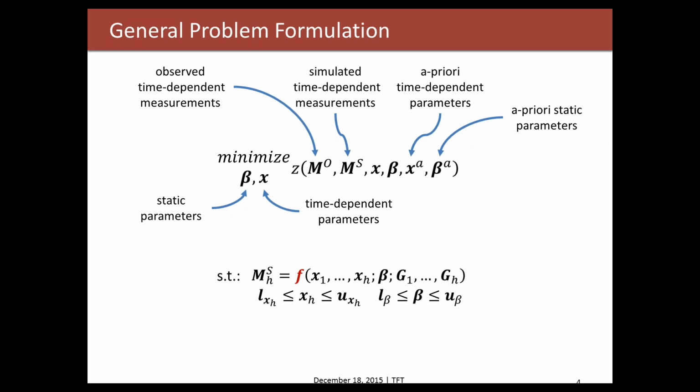Now, this problem formulation has constraints. We have the constraint of the simulated time-dependent measurements that are given by our simulator F, which has as input the time-dependent parameters X, the static parameters beta, and fixed parameters like, for example, the road network topology.